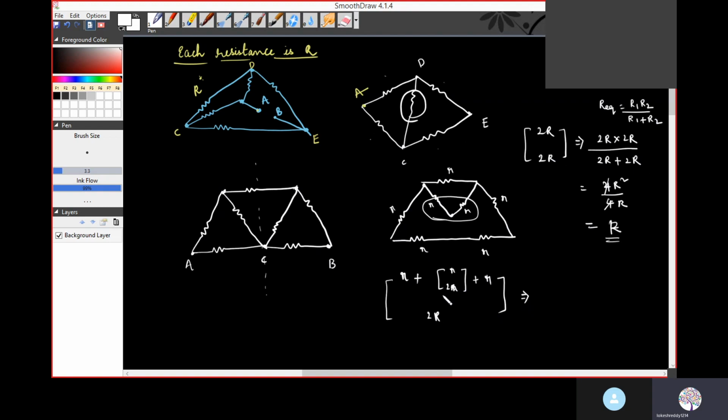If you calculate parallel between R and 2R, the resultant will be 2R square by 3R, that is equal to 2R by 3.